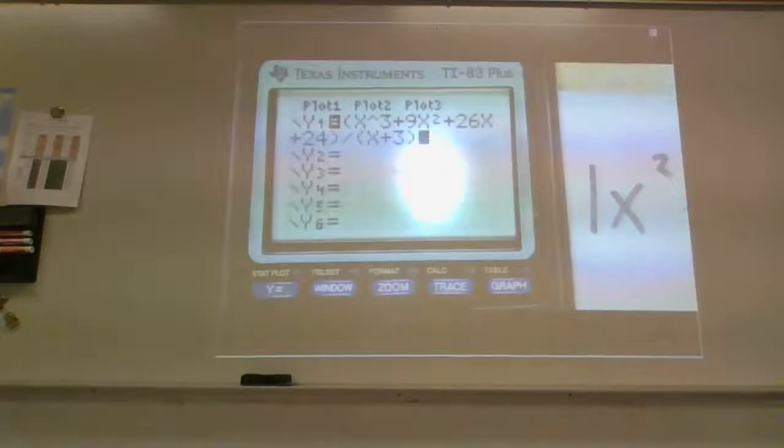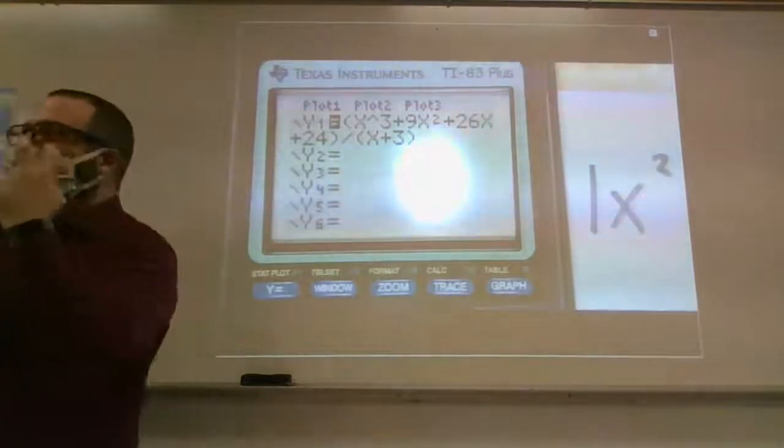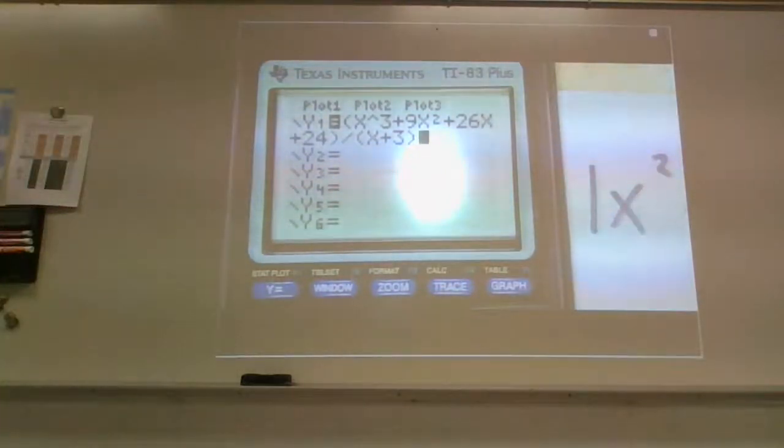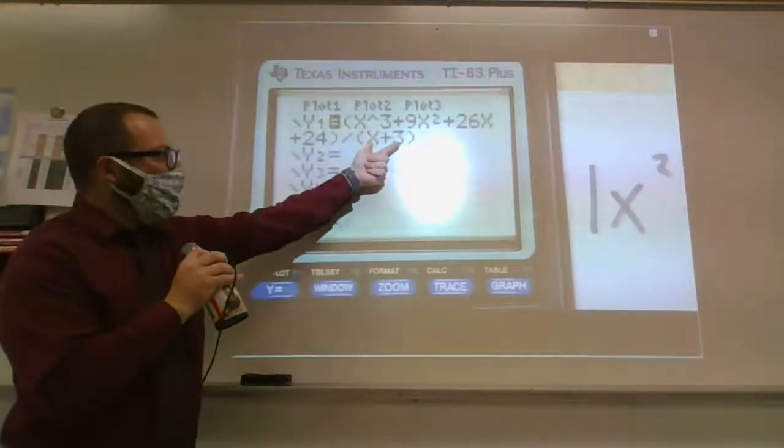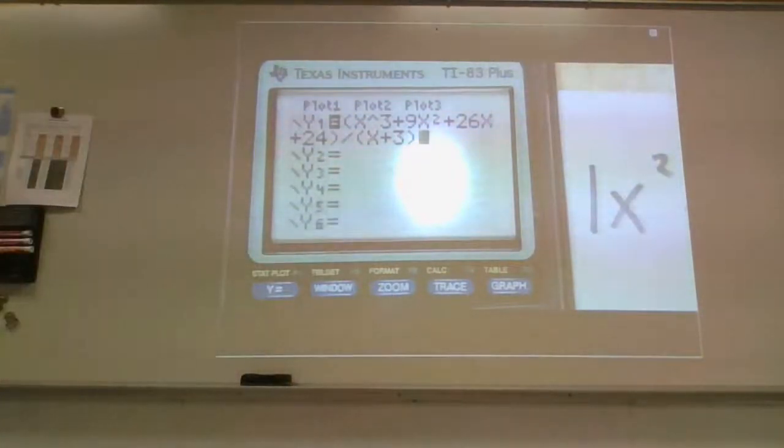Look at that, y equals k. Look what I'm dividing by. You would not have to do any of this on your own. I'm just trying to show you visually what's happening with this problem. I'm dividing my original equation by the factor x plus 3. Graph.